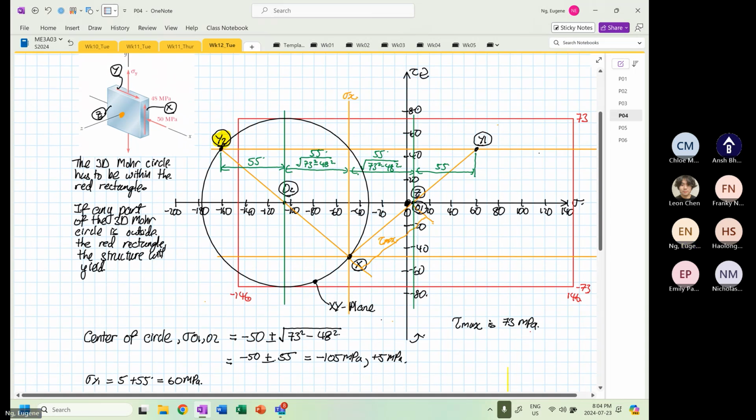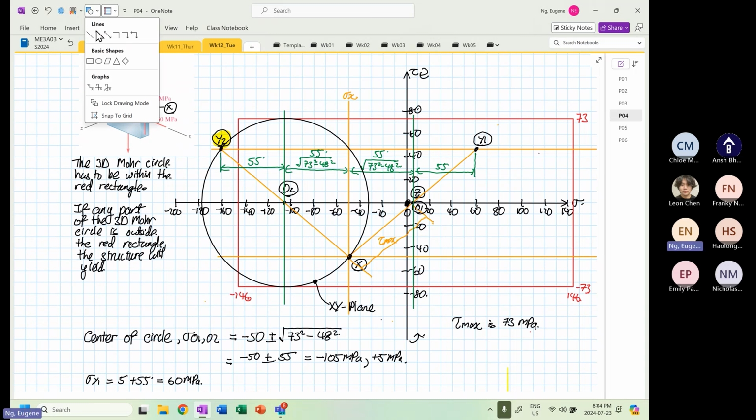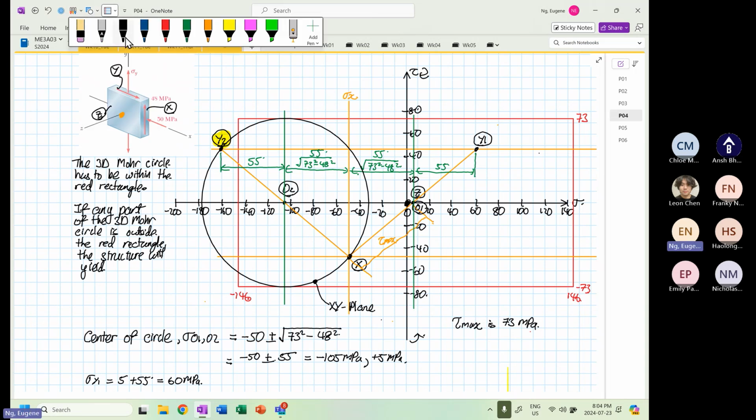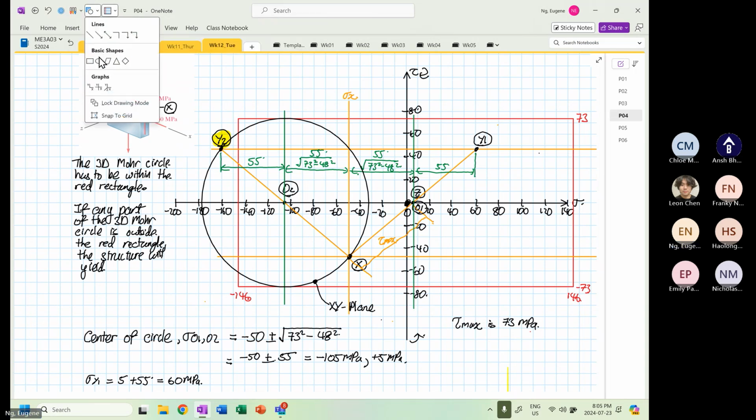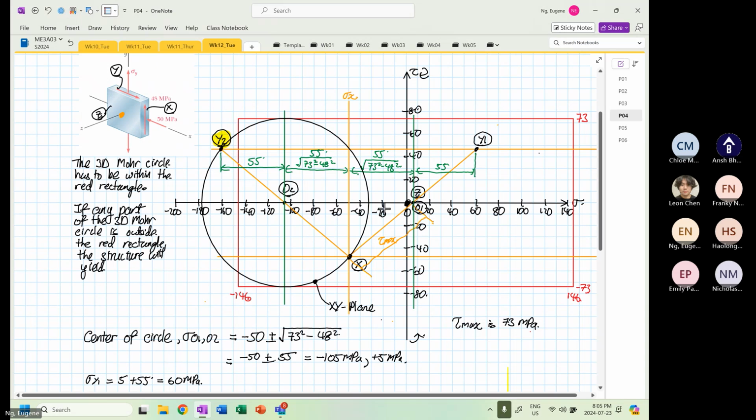Okay, and then I'm going to construct another circle that touches that. Then the next circle comes in. And this circle, as you can see, is smaller, right? So it's going to be somewhere around here.